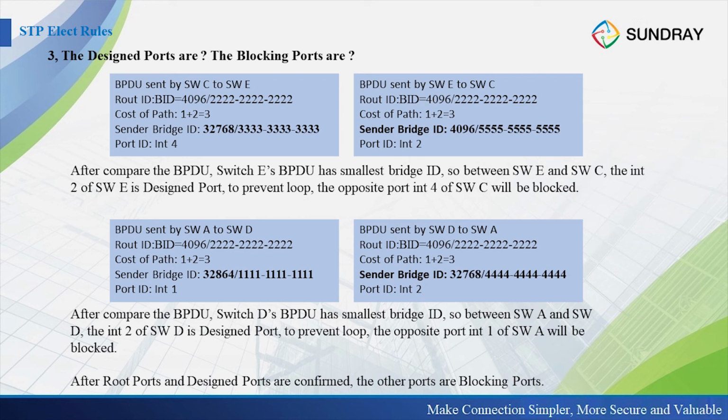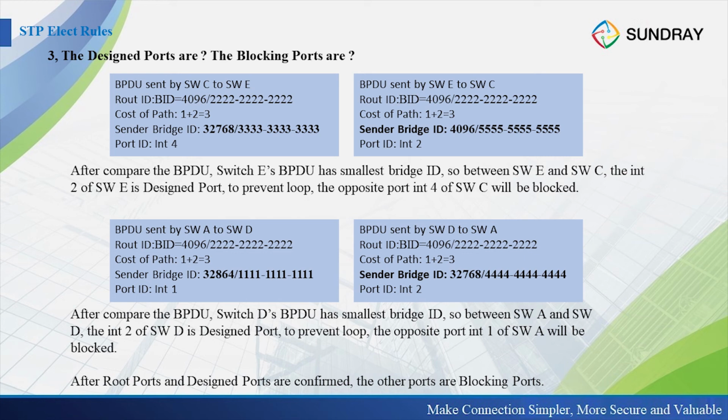Because if this link is not blocked, there will be a loop between B, C, and E. So there must be a blocking port. But which port do we choose as the blocking port?